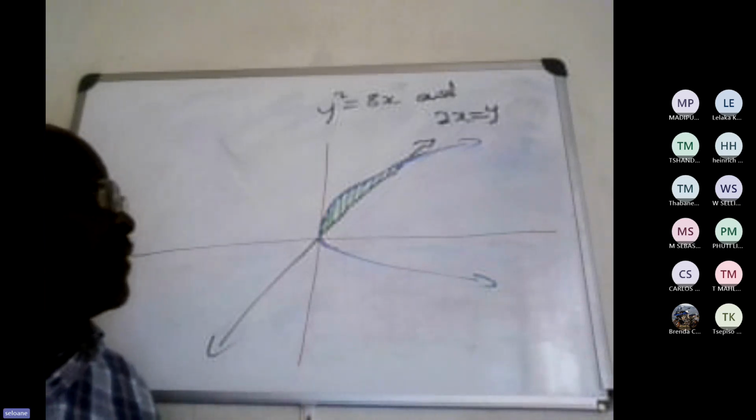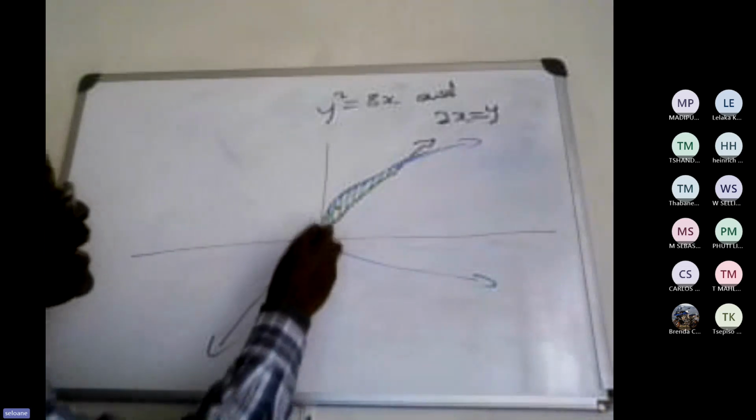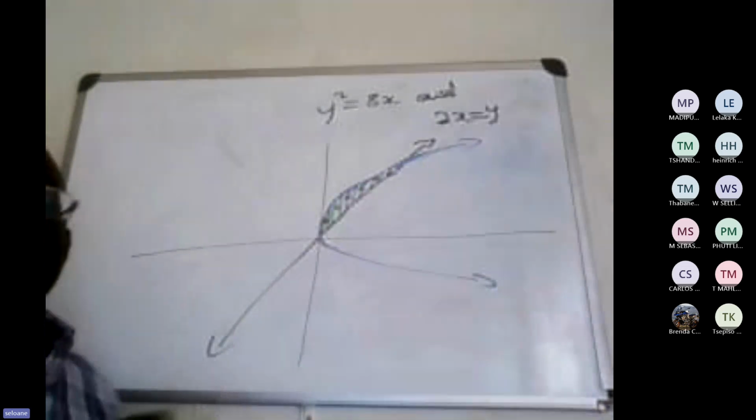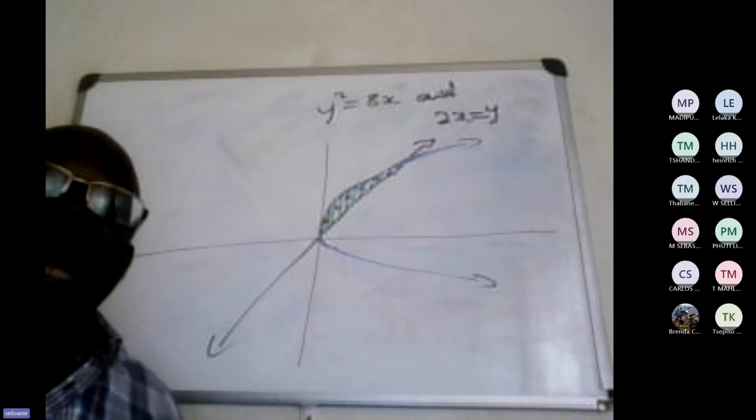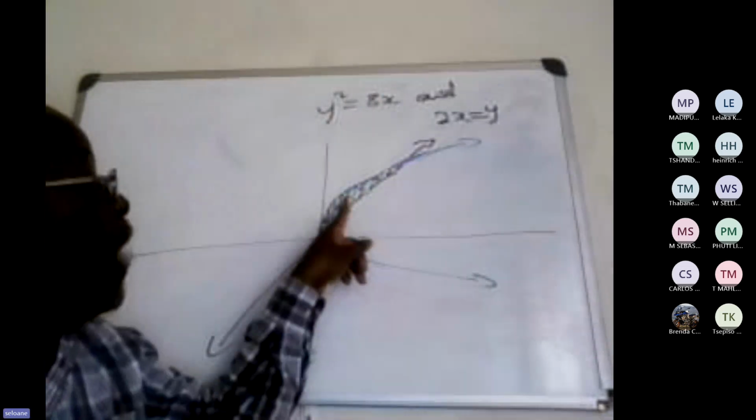Now you imagine yourself standing anywhere here. It can be here, here, here, or here. Then you want to get out of this region through the roof. You want to go up.